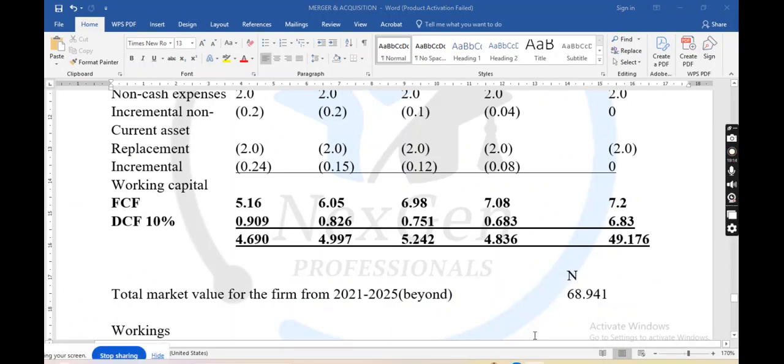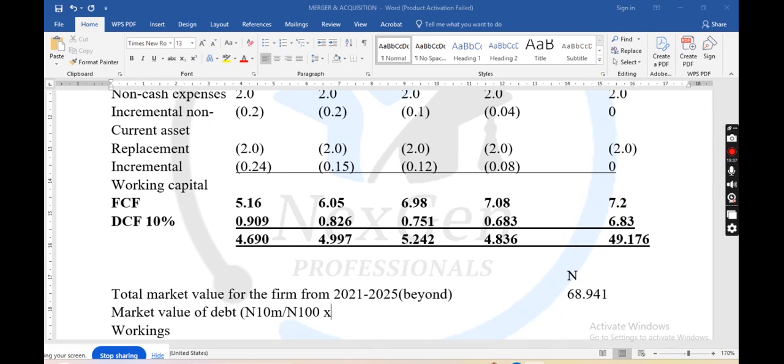So, market value of debt, right? 10M divided by the nominal, times what is the market price? 95.